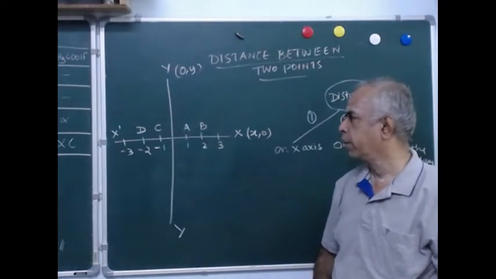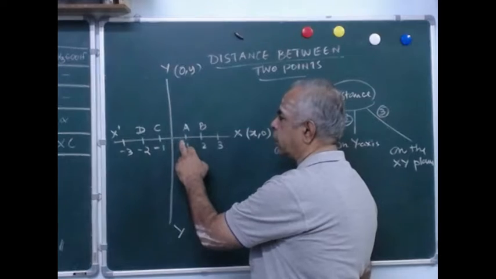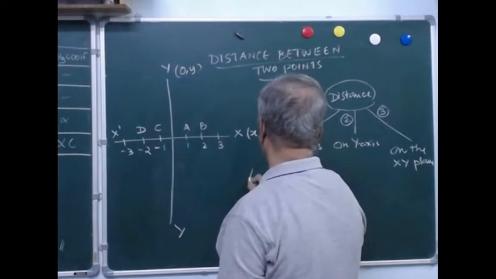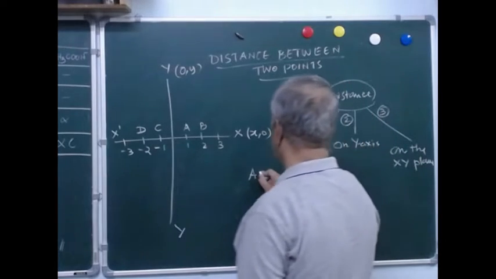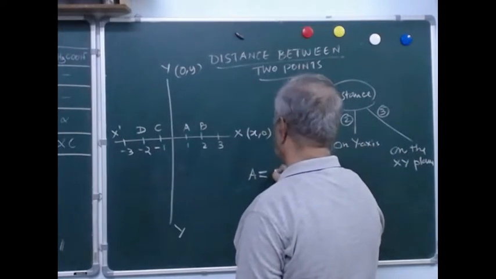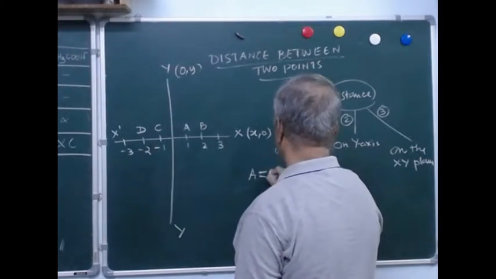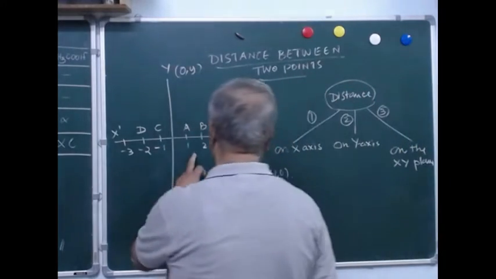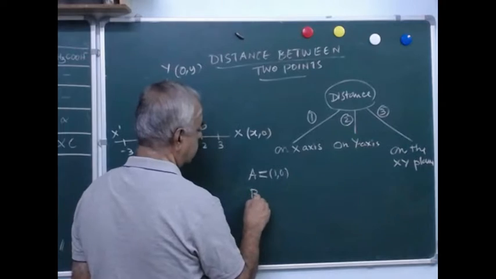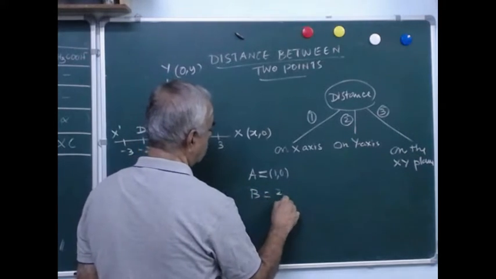Okay? So for example, how can you represent the point A? That is (1, 0). Do you understand? Similarly, B can be represented as (2, 0).